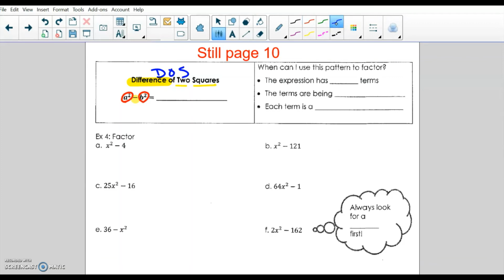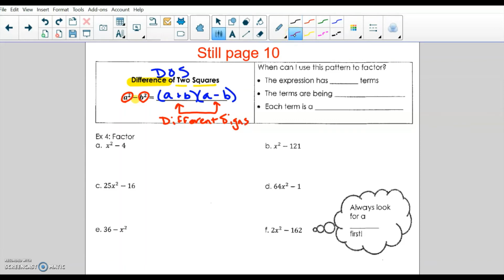So the difference of two squares is explaining to you exactly what's in the problem. So here's the pattern of the answer. You take the square root of both the a squared and the b squared, just like we did in the perfect square trinomial. The a plus b, a minus b. So please note here, we have different signs. Okay? So let's go fill in some blanks over here.